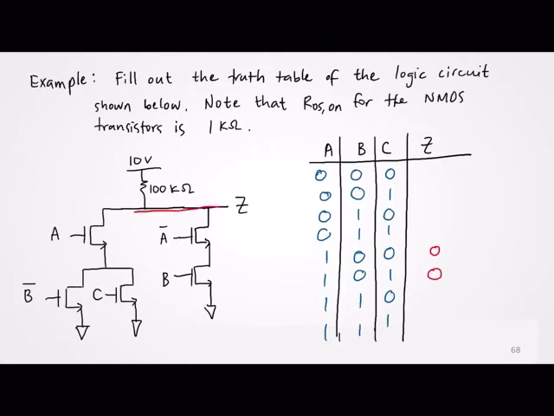The second path that I can see is this path here. Right? So, this path here, this is active when, what? A is 1 and C is 1. So, nasan yun? A is 1, C is 1 would be this row and this row.